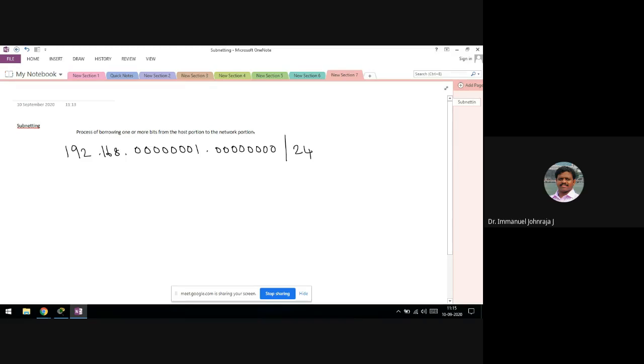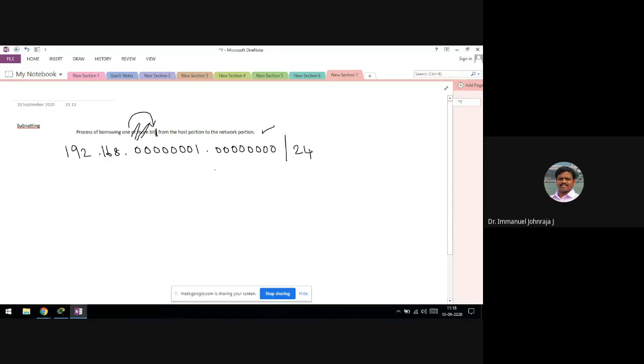Now my statement says borrowing one or more bits from the host portion to the network portion. For the time being, I cancel the second case. I'm borrowing one bit. So the process of borrowing one bit from the host portion to the network portion, I'll take that case.